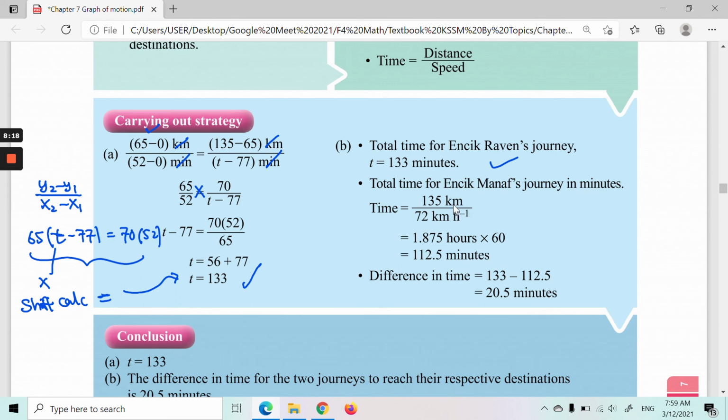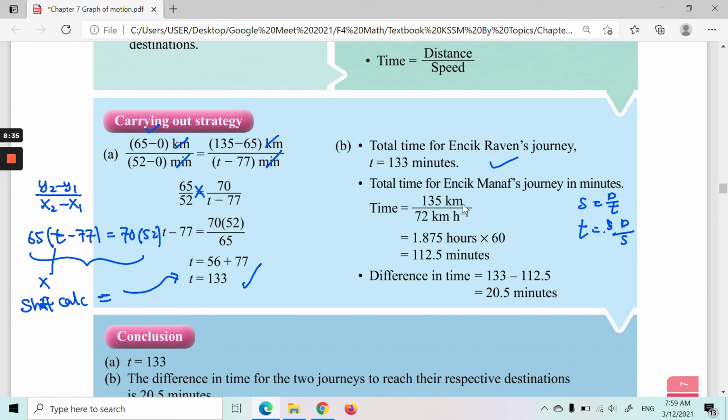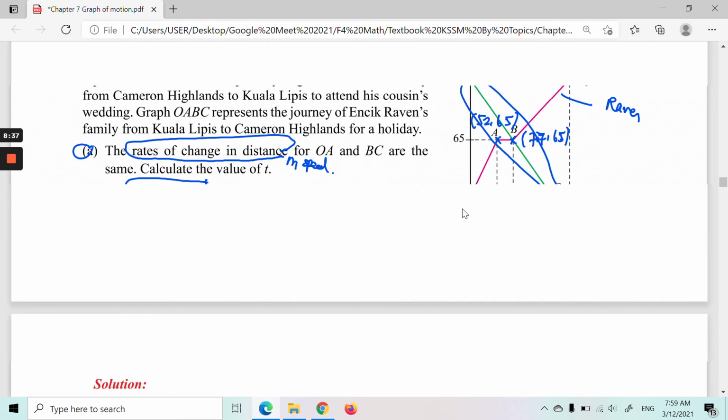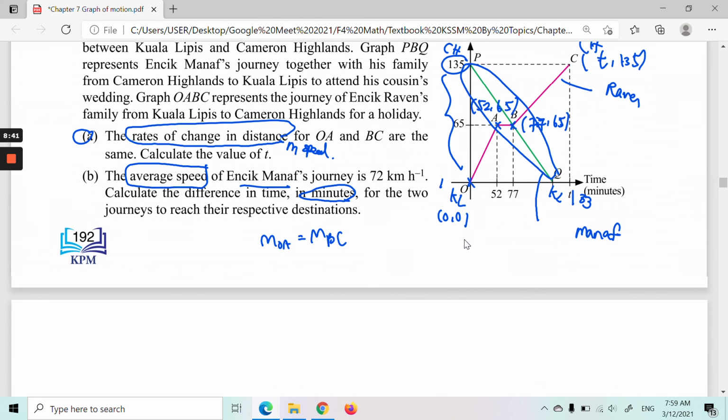So how to calculate using the formula again. Speed equals to distance divided by time. Now you want to calculate time, so speed and time change place. So time equals to distance divided by speed. Total distance is 135 for both.